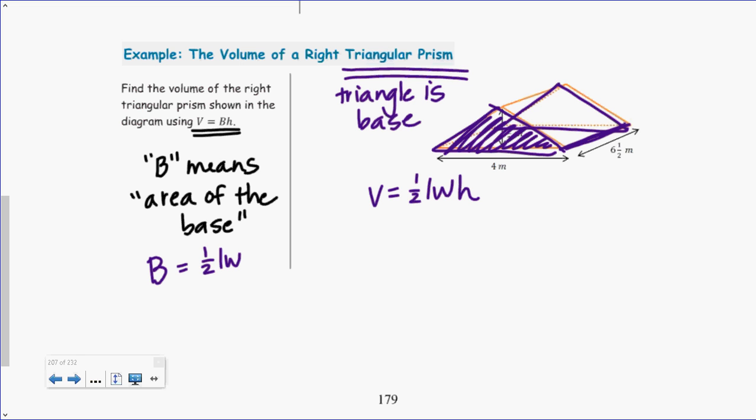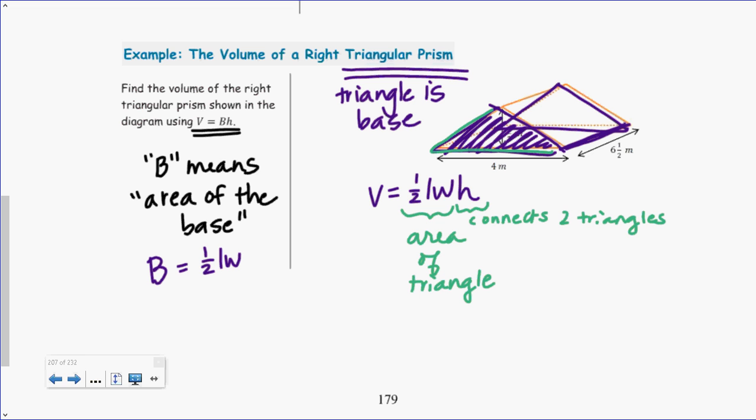Again, just to show you, 1/2 length times width is the area of a triangle. And then the height connects the two bases, or in this case, the two triangles. So just so you see where that formula comes from.